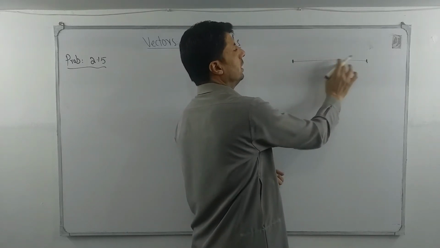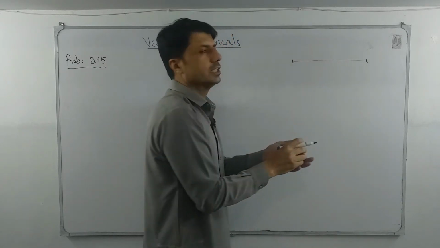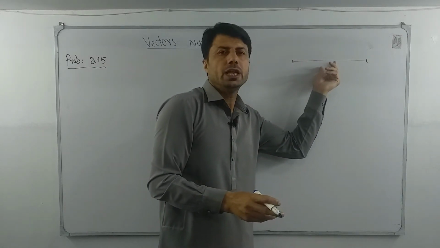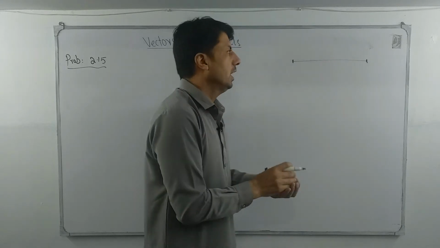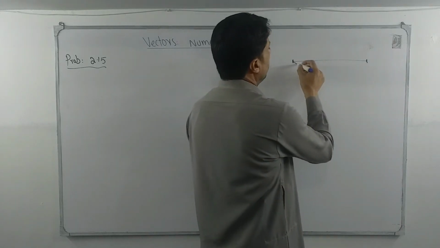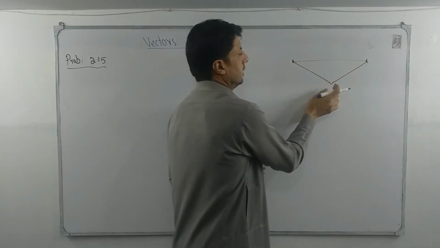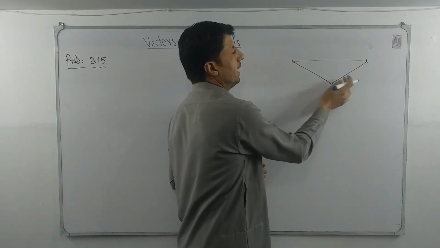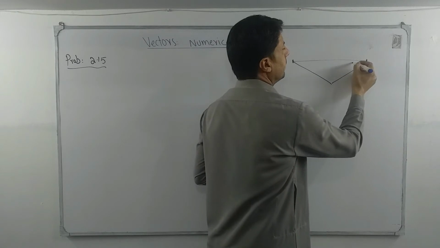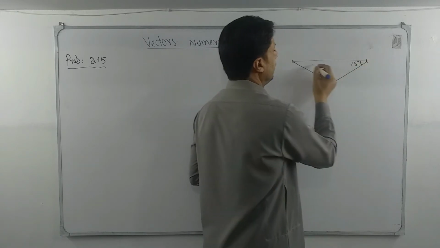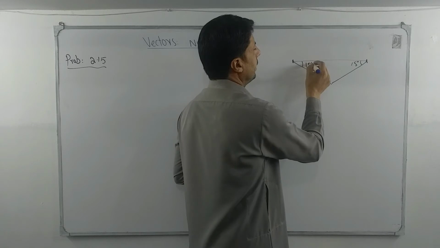This is the original cloth line, but after the suspension of the load from the midpoint, it will distort the line. And what will happen? The new shape which will be formed will be like this one. This distorted line will make an angle of 15 degrees at both ends: 15 degrees here and also 15 degrees here.